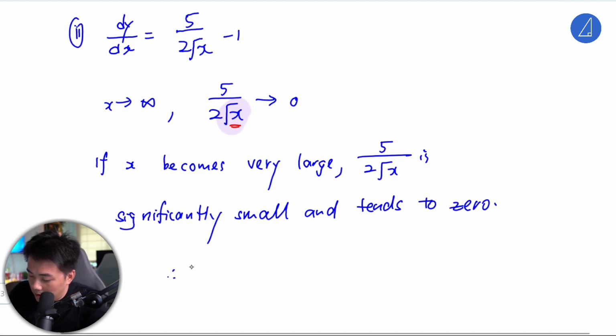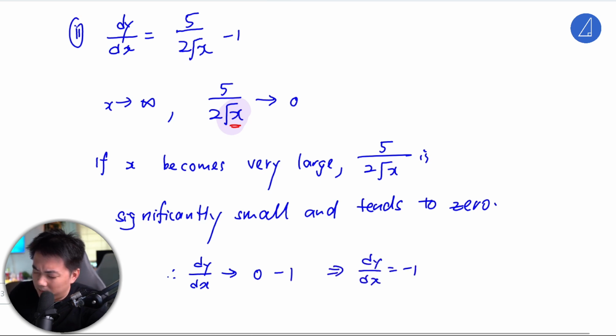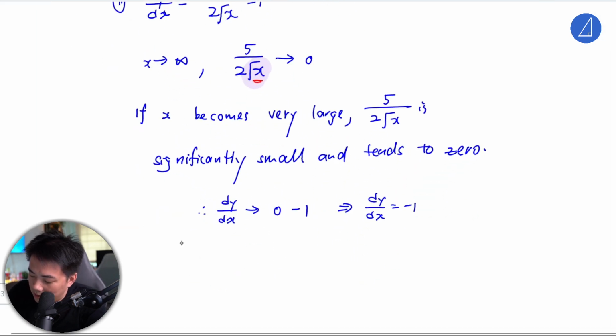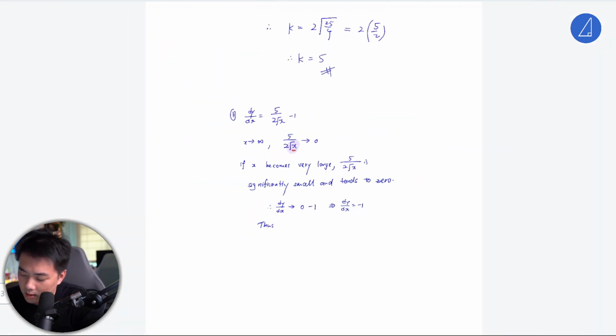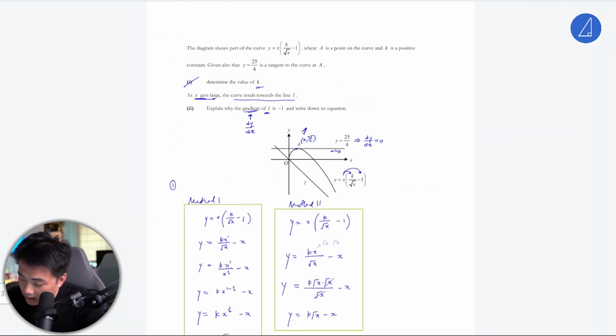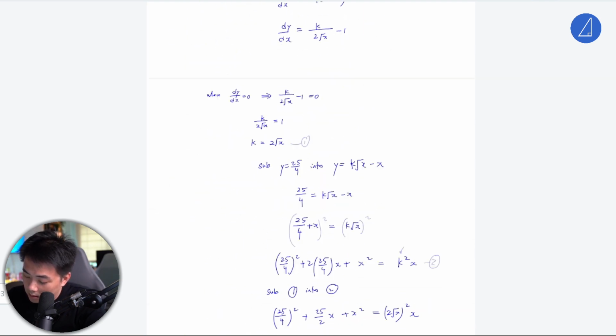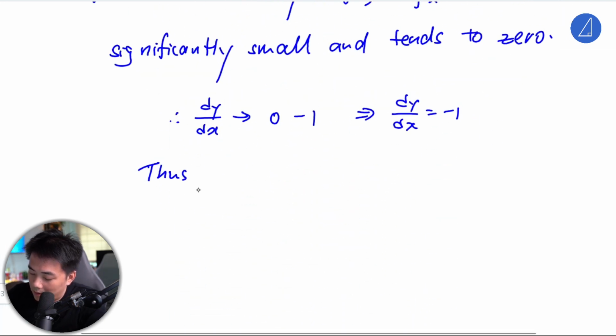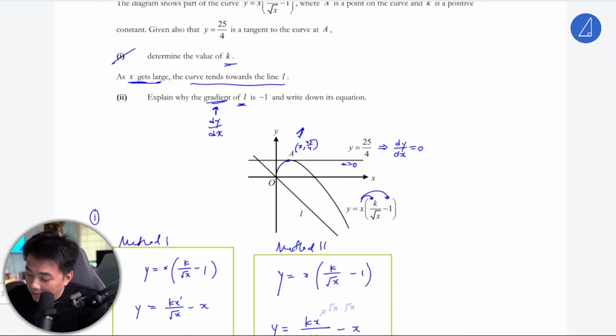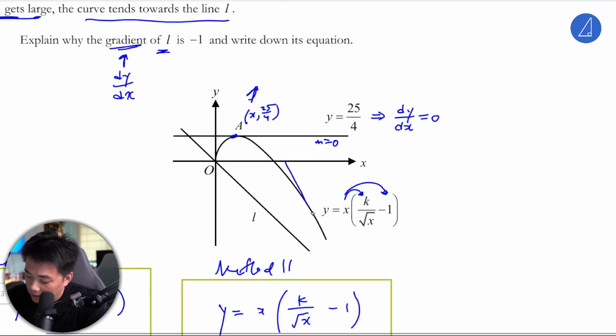So hence dy/dx will become 0 minus 1. dy/dx equals -1. Okay, so thus the gradient of L is -1. Okay, that's it. Now, if it tends to infinity, you know that it becomes -1.